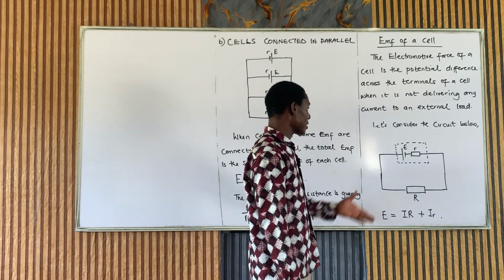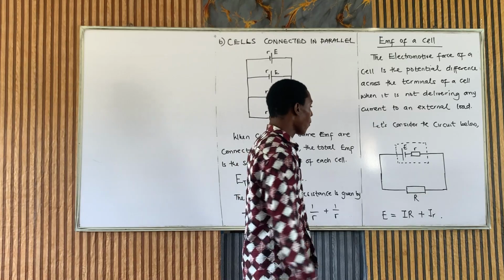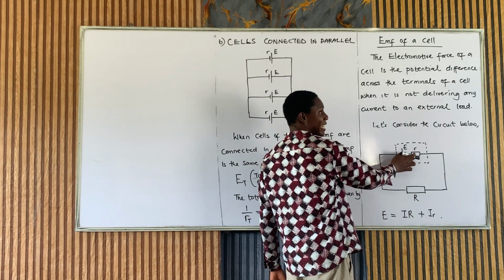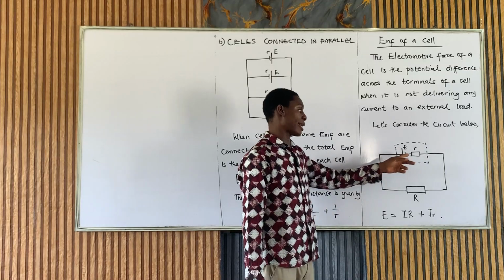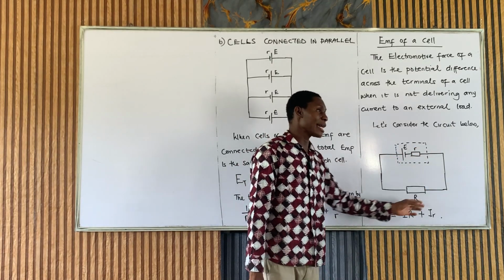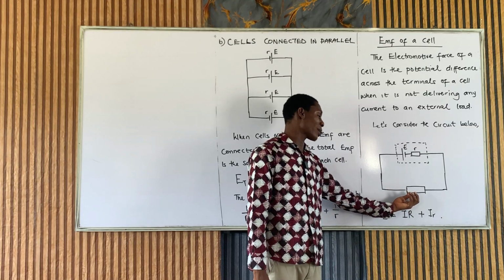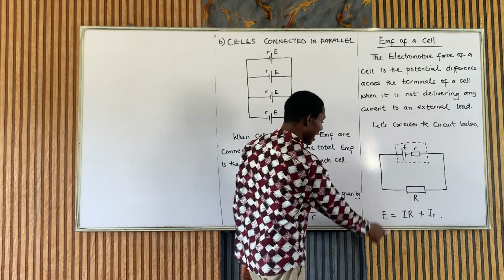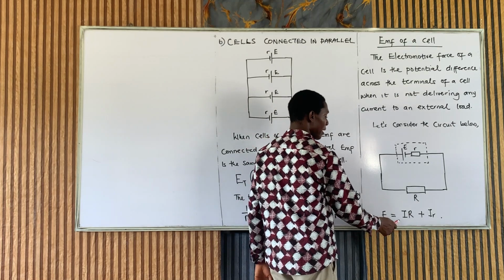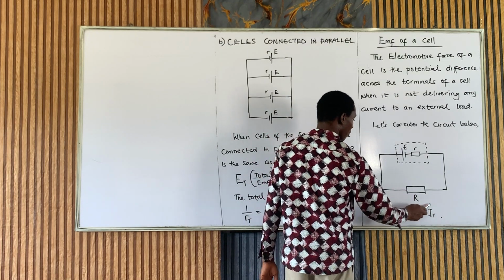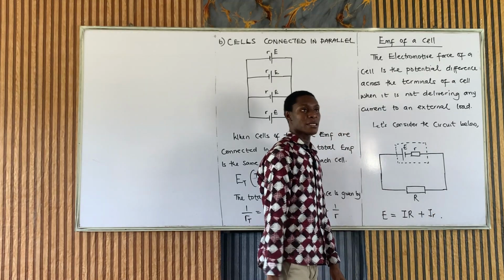Now, as we look at this circuit below, we have a cell. I'm just trying to show the internal resistance of this cell. This is the internal resistance r of this cell here, and it's connected to an external load, or an external resistor. Then we can say that the EMF of this cell will be the voltage across the external resistor plus the voltage drop in the internal resistor.